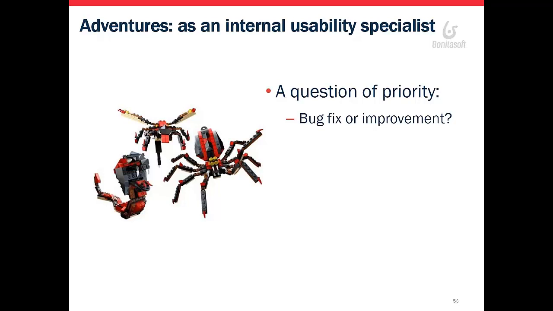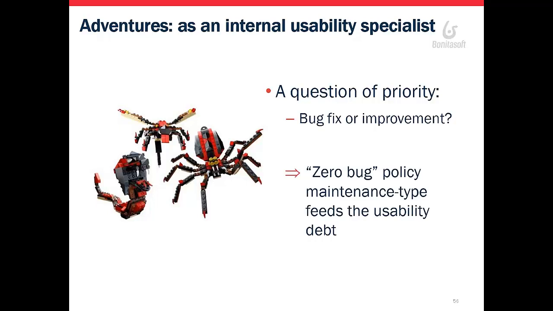The priority is, should we bug fix or make usability improvements, because they are not considered as the same, as you know. Well, a zero bug policy, a maintenance type, feeds usability debt.